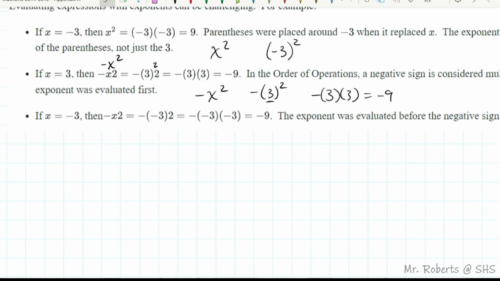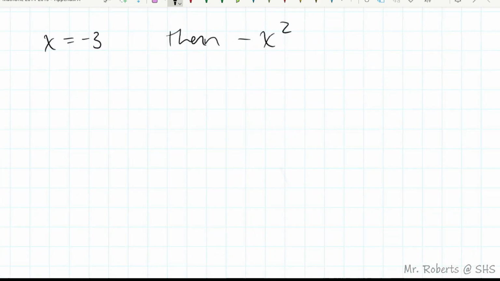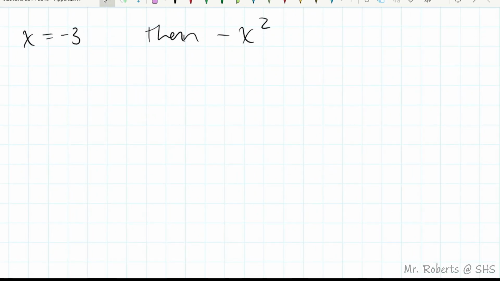In that very same expression, boy, let me just write this down because whoever proofread this did not do a good job. If x equals negative 3, then the opposite of x squared. Okay, so let's look at this. So if I want to plug negative 3 into that, that's going to look like, here's the negative that I already saw, open parentheses, close parentheses, square it.